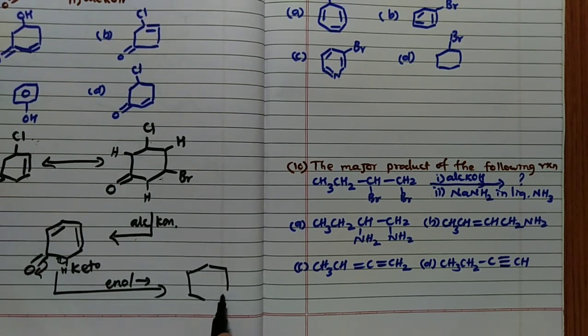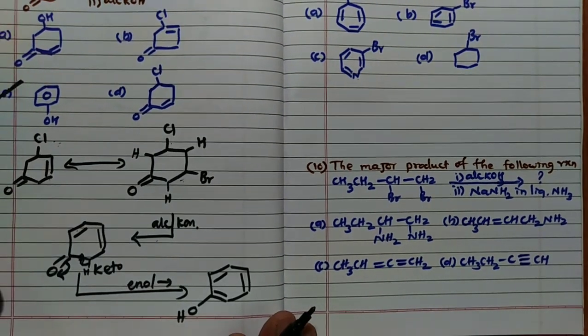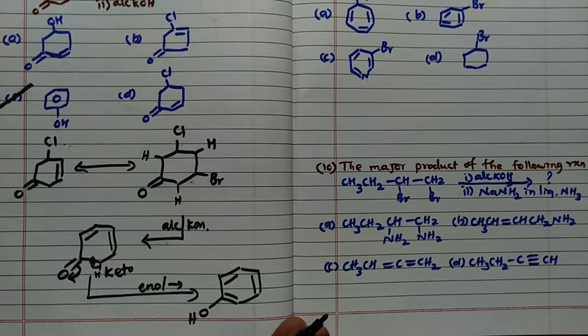When I write it like this, here a double bond, here a double bond, and the H from here will make a double bond here, and O minus becomes OH. So I will write OH here, double bond here. With a structure resembling phenol, the answer for this question is C. Remember, the answer for this question is C.